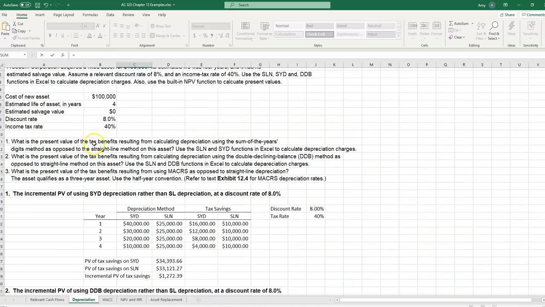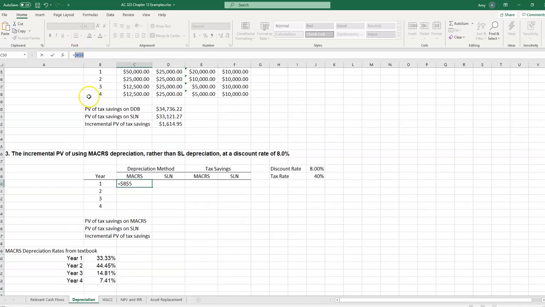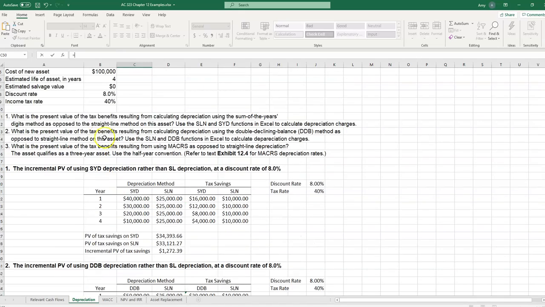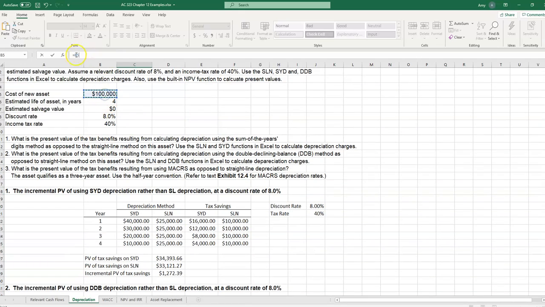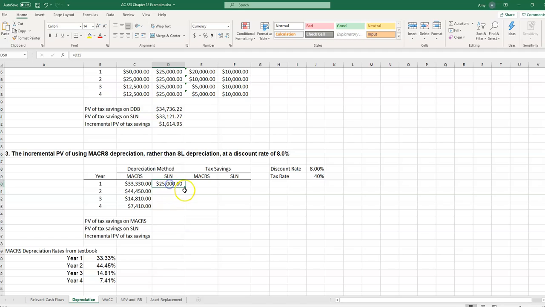So we take the cost of the equipment times the rate for each year. Our straight line is the same.